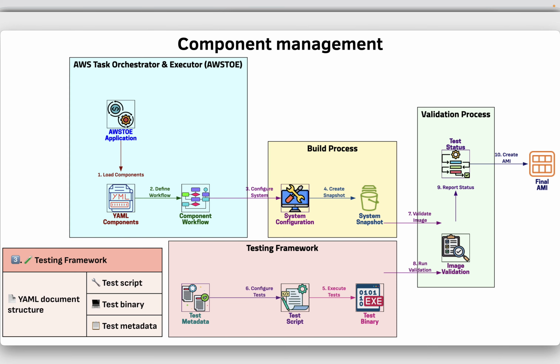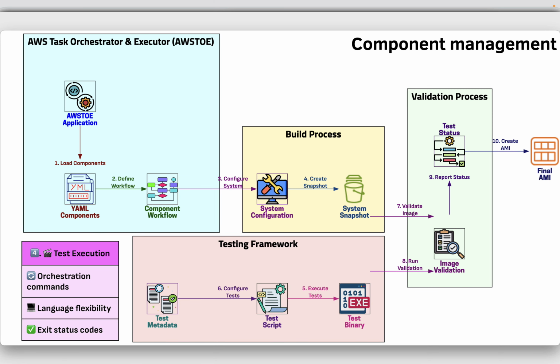The testing framework utilizes a structured YAML document format that combines test scripts, binaries, and metadata into a cohesive test component, thus providing a comprehensive foundation for the image validation.